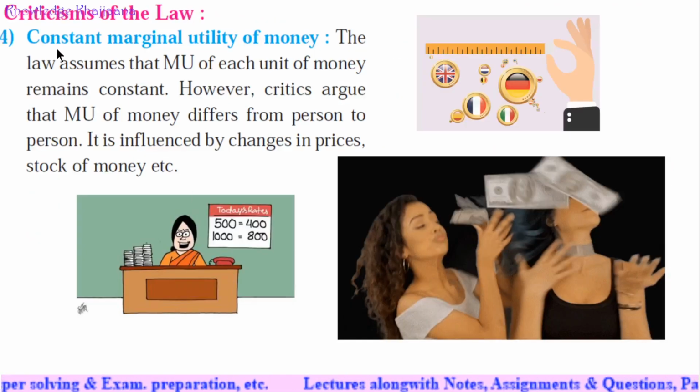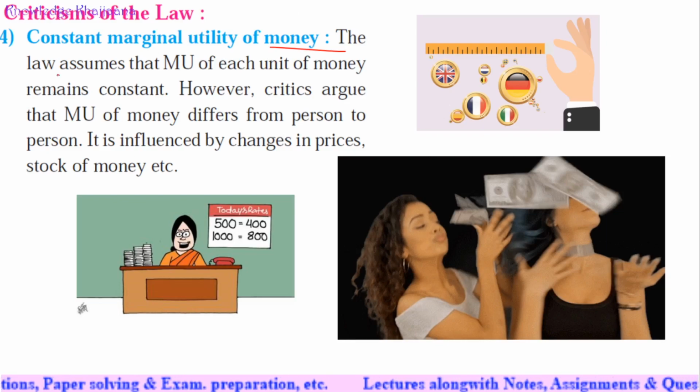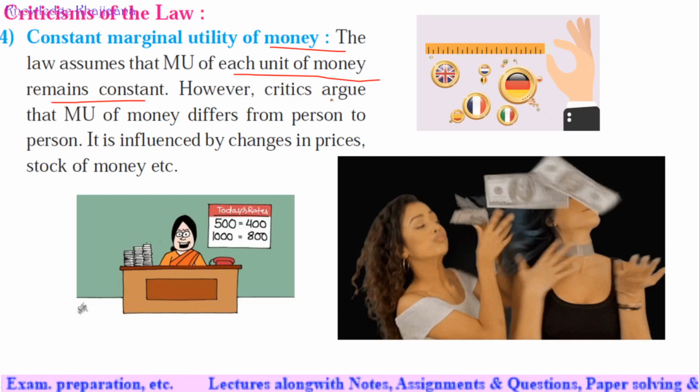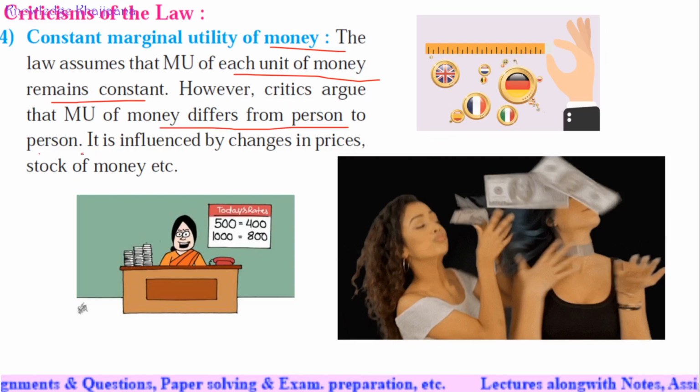Next is constant marginal utility of money. The law assumes that the marginal utility of each unit of money remains constant. However, critics argue that the marginal utility of money differs from person to person.